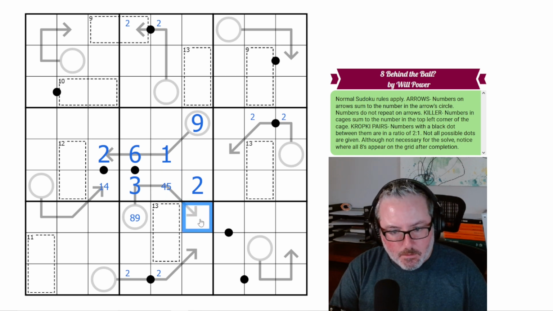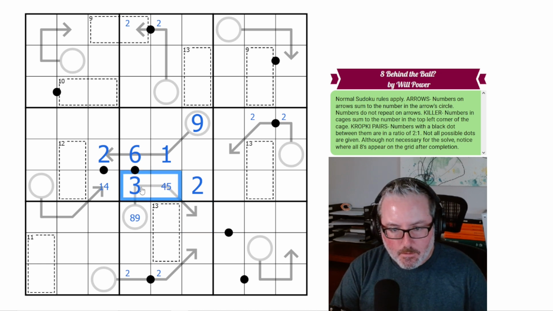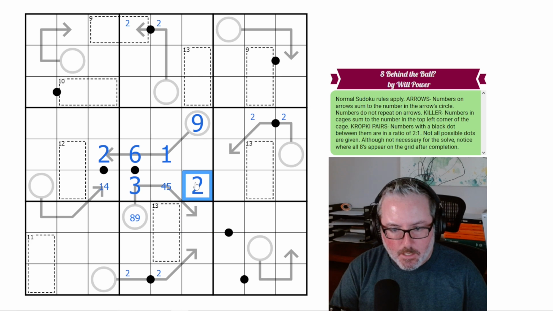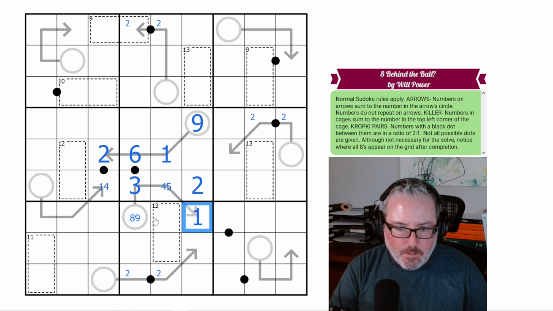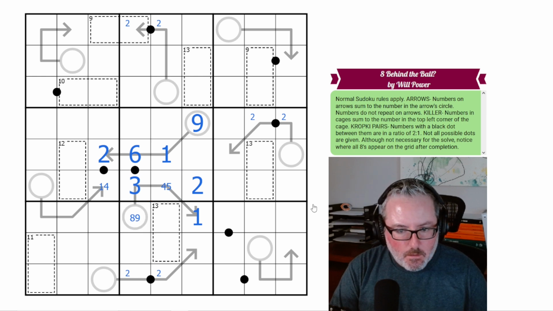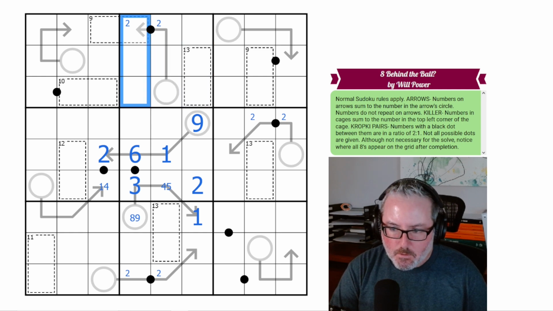Now, I think what we can also say is this is going to just be a 1. Because if this is a 4 and this is a 3, that would be 7. So this could either be 1 or 2. Well, it can't be a 2. If this is a 5 and this is 3, that's an 8, and this can only be a 1. So this has to be 1. Now, we don't know if this is 4 or 5 to change this to be 8 or 9. But we do know there has to be a 1 somewhere up here.